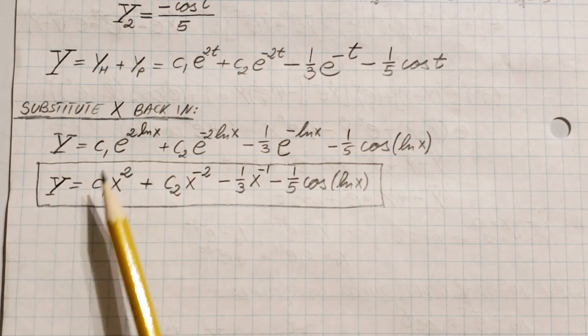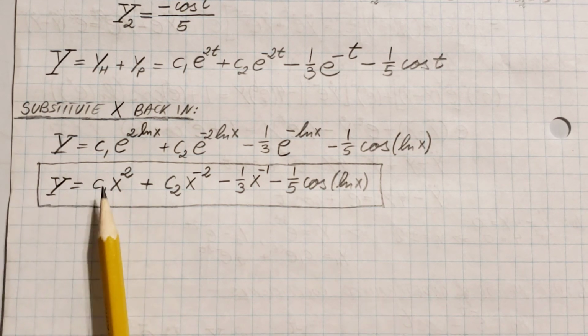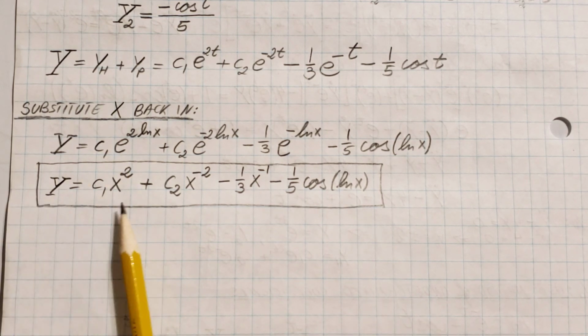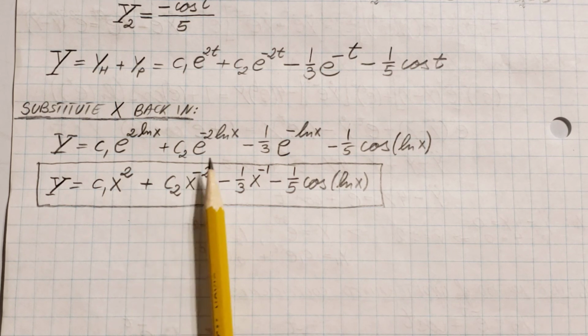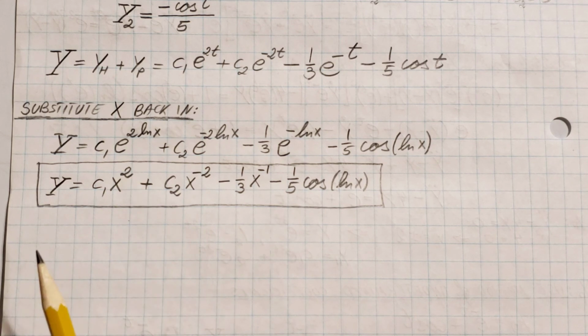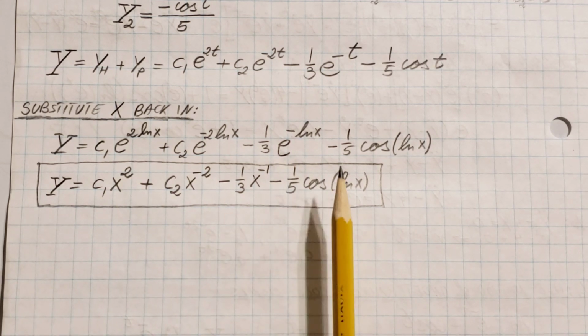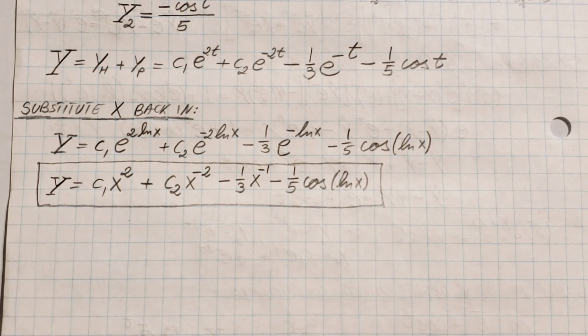Clean it up, simplify, and here's our final solution, which is c1 x squared plus c2 x to the negative 2 minus 1/3 x to the negative 1 minus 1/5 cosine of ln x. And there you have it.